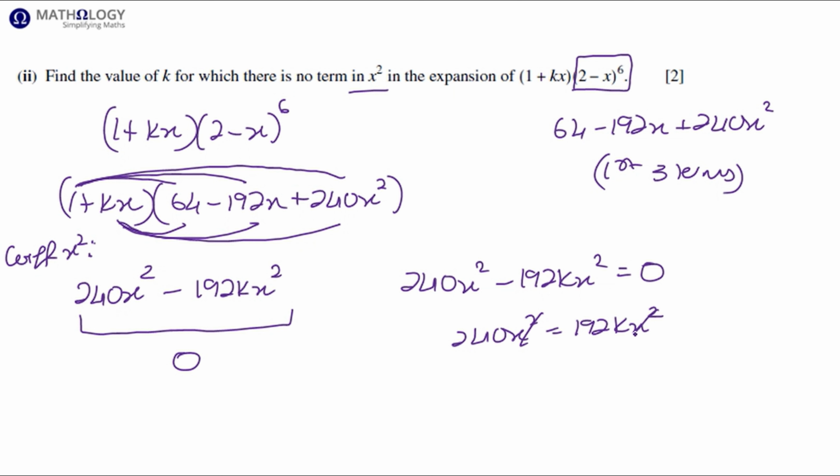We can cancel the x squared terms, and k equals 240 divided by 192, which in simplest form is 5 over 4. So if k equals 5 over 4, then expanding this expression would yield no term in x squared.